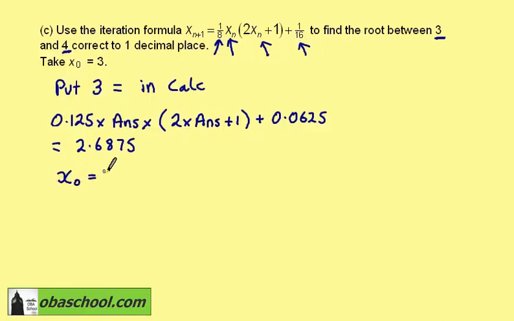We've had x0 is 3, x1 is 2.6875. You should then find that pressing equals again gives that x2 is 2.204 and so on.